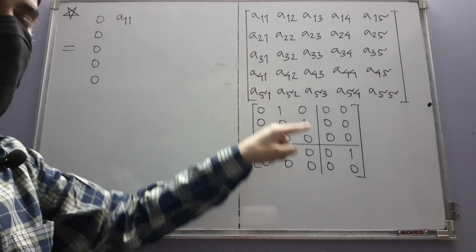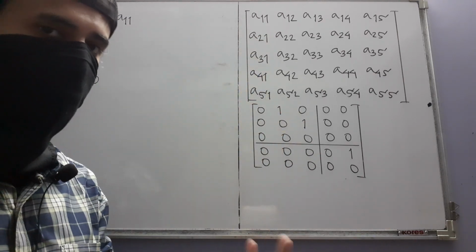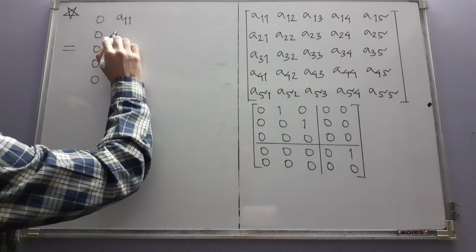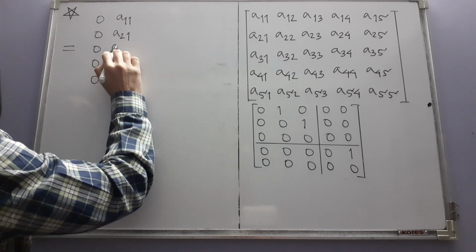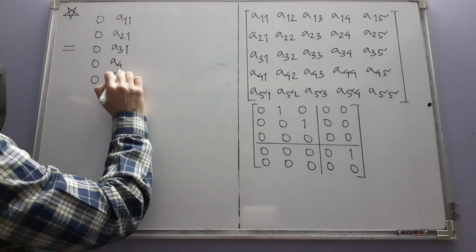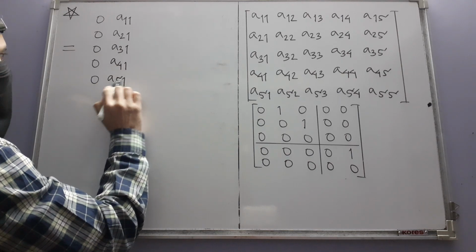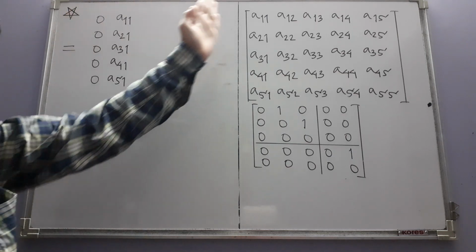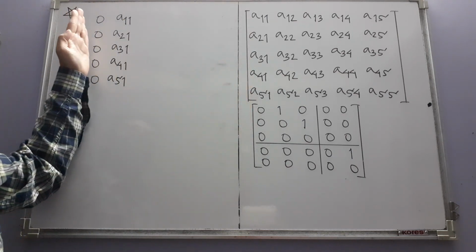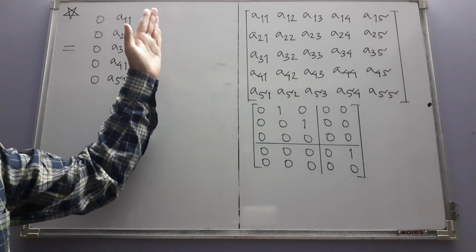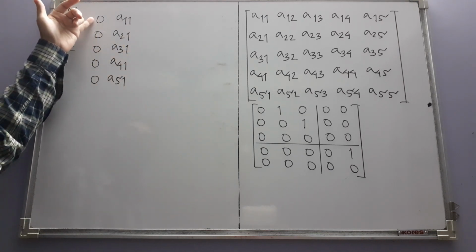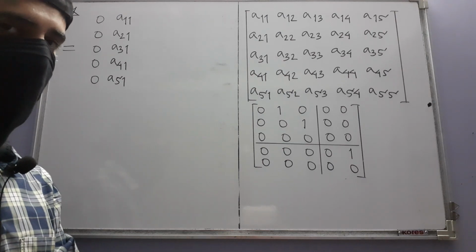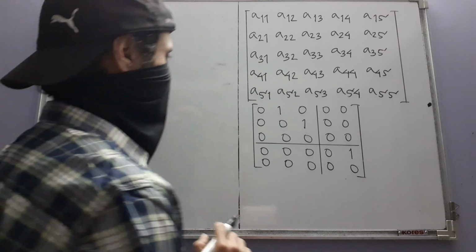If I do that thing with the other rows and this second column, again there also I am going to get the first entries of these rows. So 2,1, 3,1, 4,1, 5,1. Okay. So it seems like the first column of A has been shifted to the right, and its place has been taken by a 0 column. Is that what we are going to see next with the second column also?